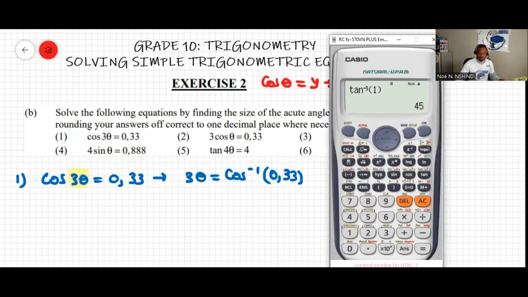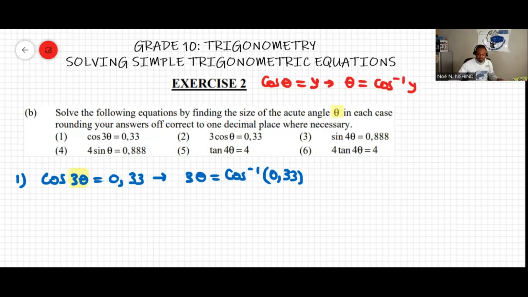Now we can use our calculator to do cos minus 1. We press the shift button, and then the cos button. Now I write 0.33, close bracket, and hit the equal button, and this is equal to 70.73, etc. Because we're rounding to 1 decimal place, I look at the second decimal value. Because it is 3, and 3 is less than 5, we drop the remaining digits and keep 70.7.